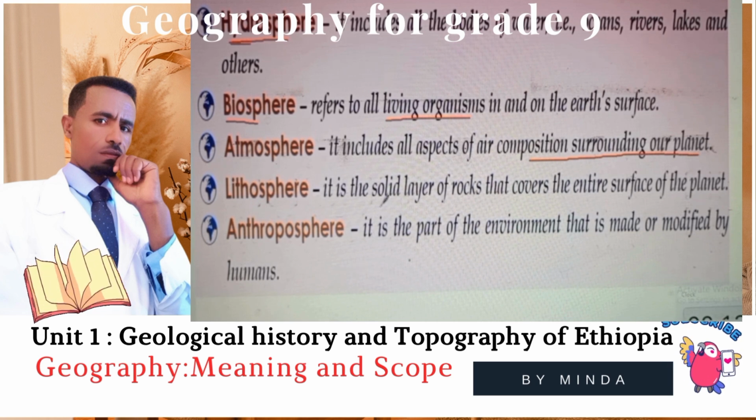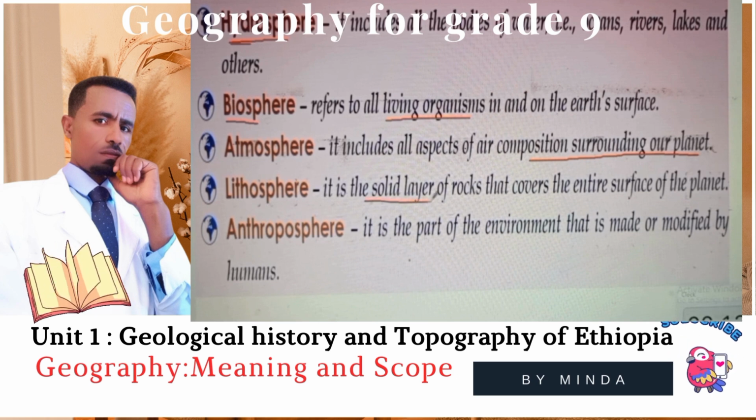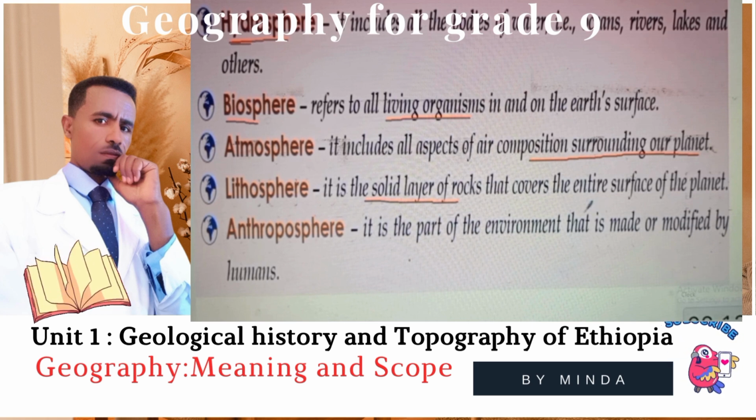Lithosphere is the solid layer of rocks that covers the entire surface of the planet. Lithosphere is soils and rock layers.